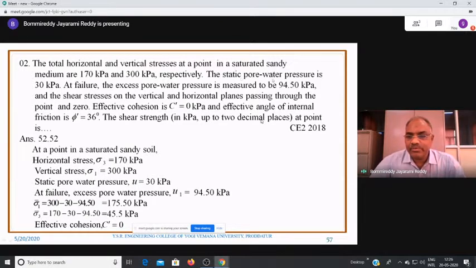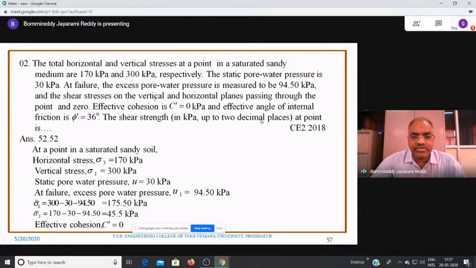The static pore water pressure is 30 kPa. Pore water pressure symbol is U, 30 kPa. At failure, the excess pore water pressure is measured as 94.5. So this is called the excess pore water pressure U1, 94.5.